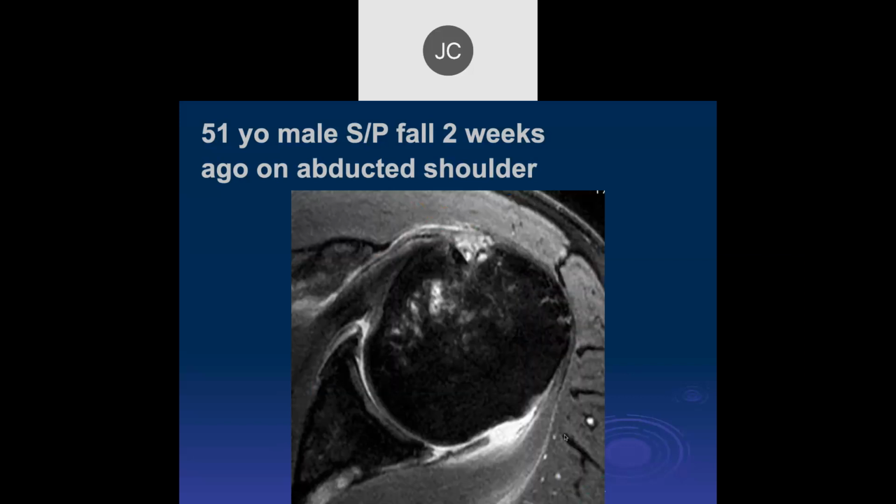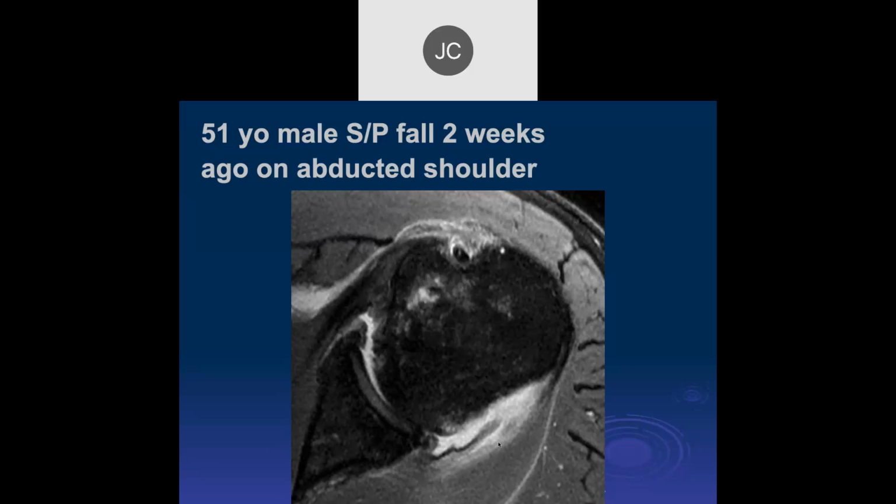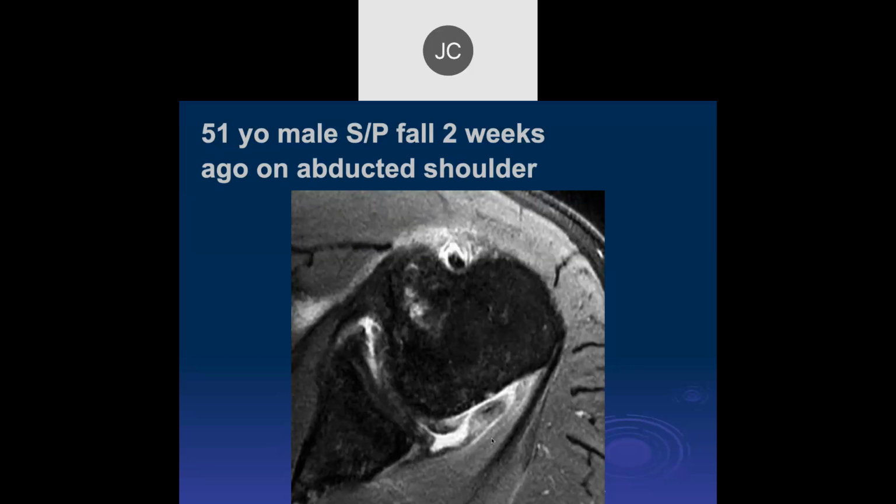If you keep going down, you can see that capsular tear down through here. That's the capsule and the synovial membrane, with some extrusion of fluid out from here, and obviously swollen. So he had a dislocation, and with that, he really had a tear of the capsule back here. Good.